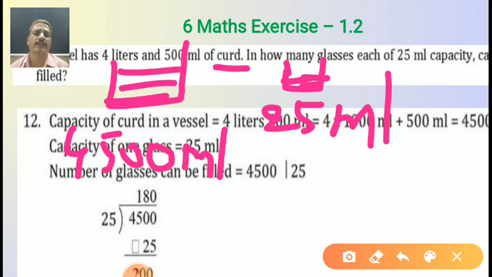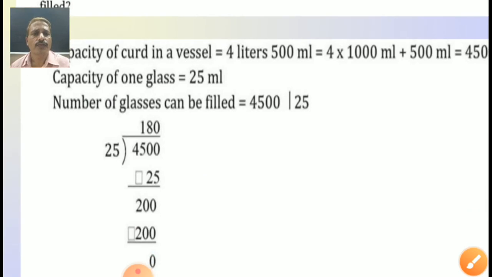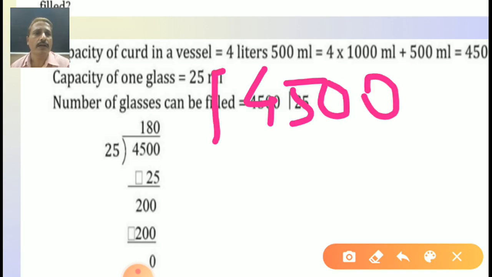Yes, my dear student, that's a division. 4,500 divided by 25. The division is given here, but unfortunately the places of the numbers are shifted. So don't worry, we will do it here with the big pink color pen, and you will get a little more idea of division.